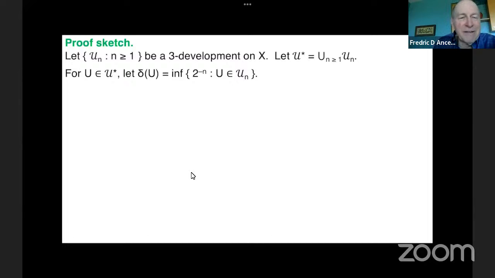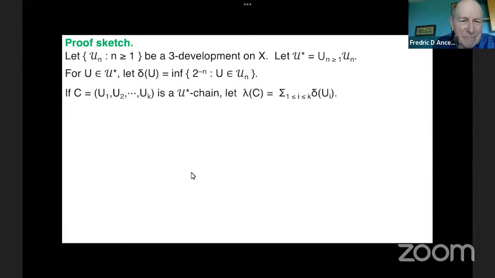The higher the index the open set comes from, the smaller it is. Then you look at chains in this cover of different sized elements, and you add up their diameters, and you get a length function on chains.